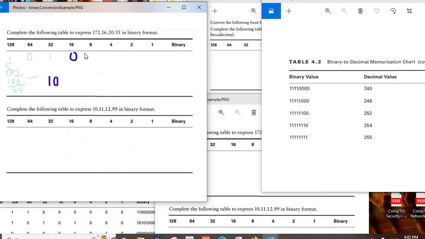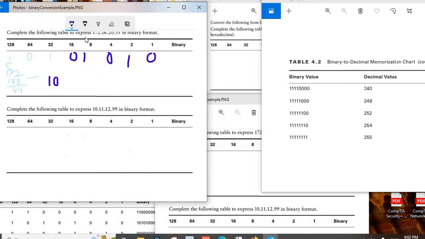And then to get 12 out of this, we just have 8 and 4, because 12 minus 8 gives us 4. So our whole binary number would be 10101100. But that doesn't mean anything unless you see that process. So that's how we got the 172.